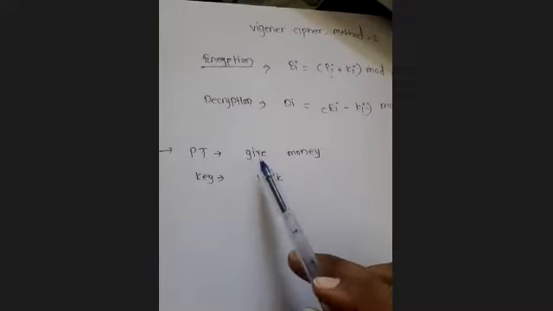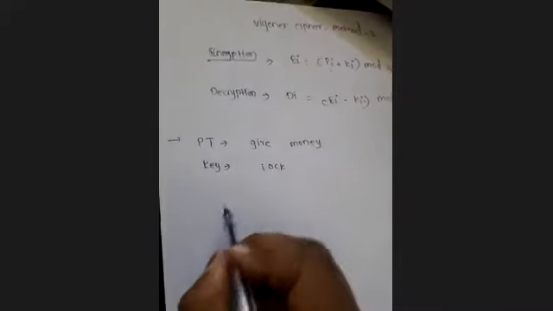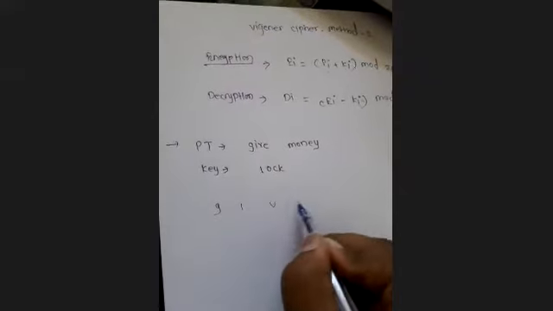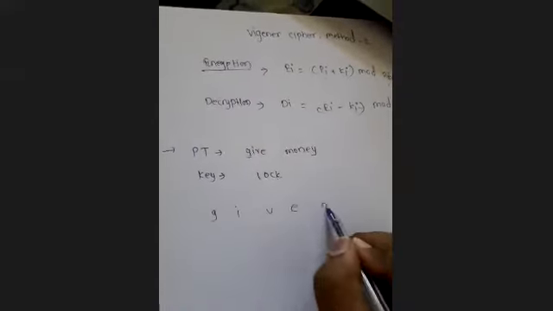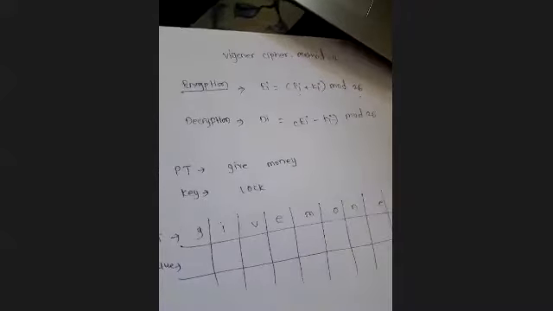Now we need to convert this. We have to write the numbers for the respective alphabets. So let me write give money. This is my plain text, and here I have written the values for the respective alphabets starting from 0 up to 25.